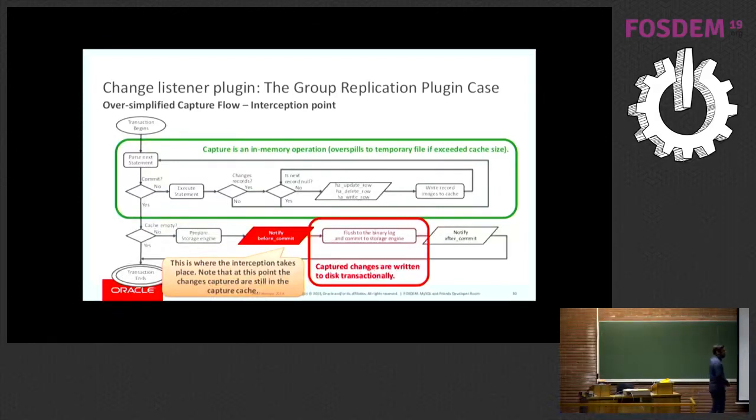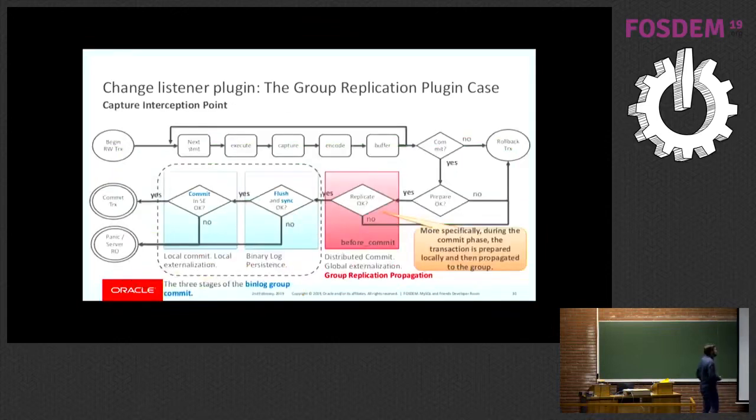This means that the cache is mostly in memory, so it has a fixed size memory buffer. If the transaction changes are larger than this buffer, it spills to disk, so it swaps. But at the end of the day, we can consider it just as a memory buffer. So we take this buffer and we share it with group replication.